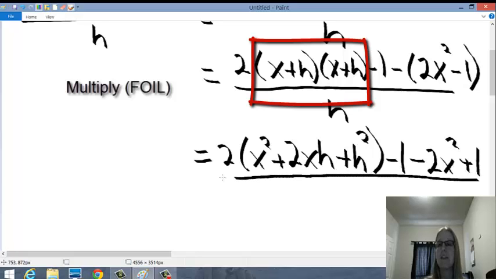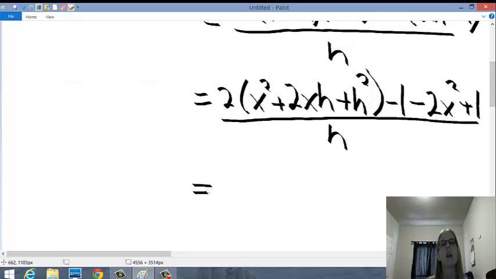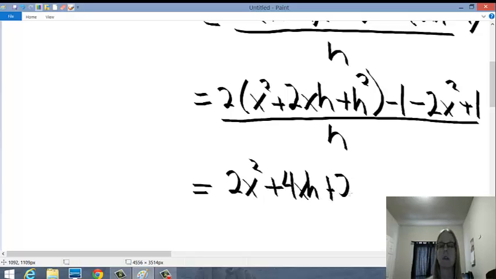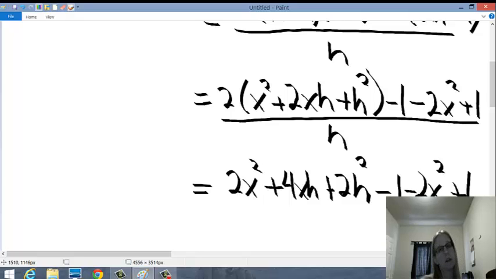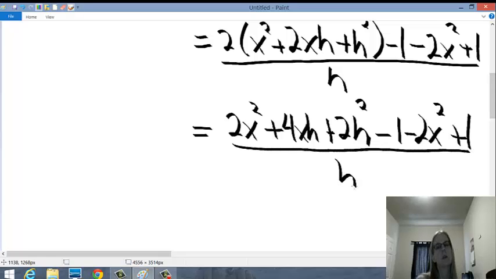Okay, so we're simplifying that by foiling it out, as well as distributing the negatives along the way. So all of this is just the simplification of the algebra. Distribute the 2, distribute the negative, get rid of all your parentheses, and so you ended up with 2x squared plus 4xh plus 2h squared minus 1 minus 2x squared plus 1 all over h.